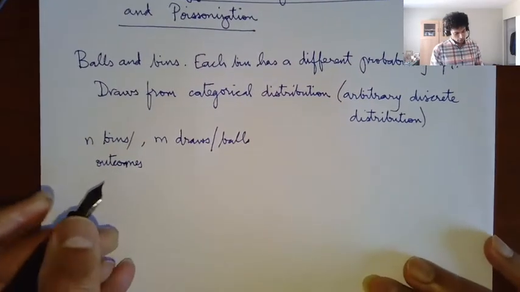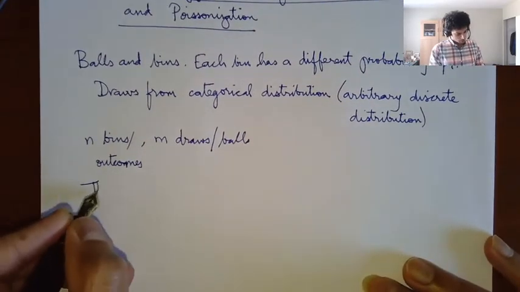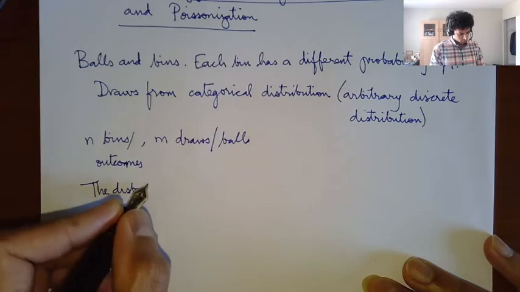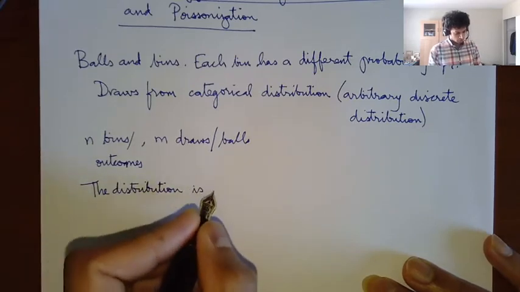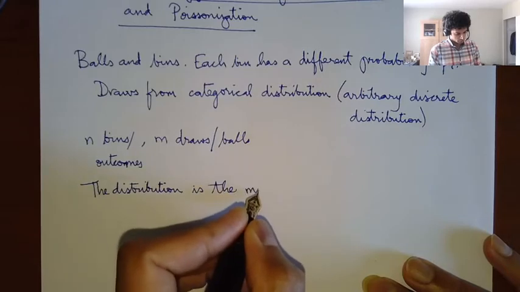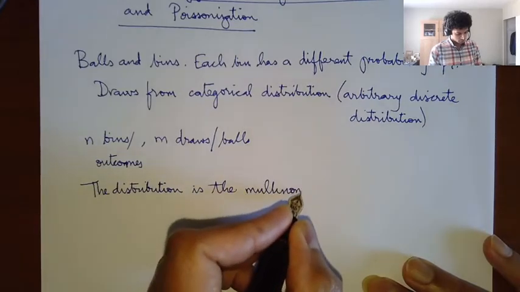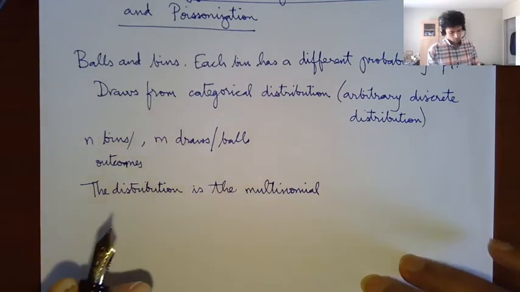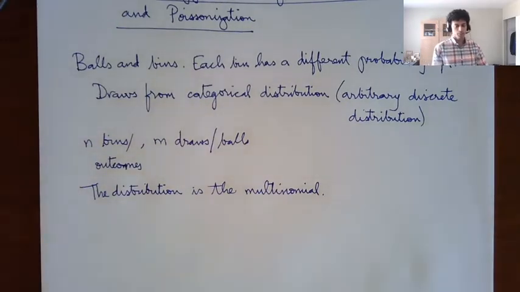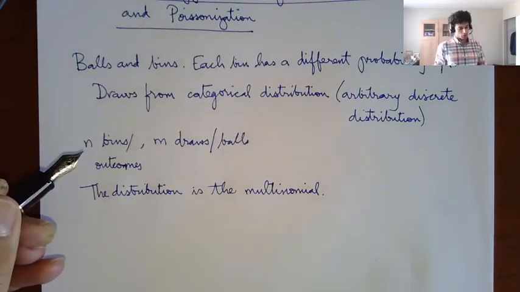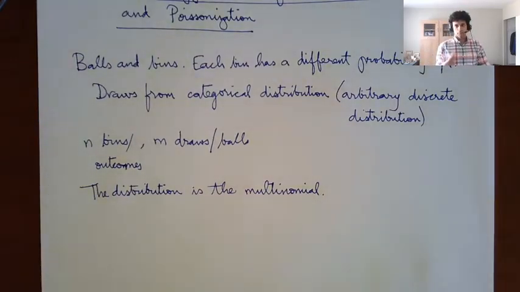And so the distribution has a name, it is the multinomial. So this is the multinomial distribution, which is m draws from a categorical distribution. A categorical distribution is simply, there are n outcomes.